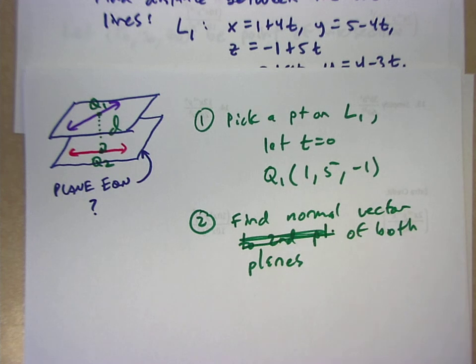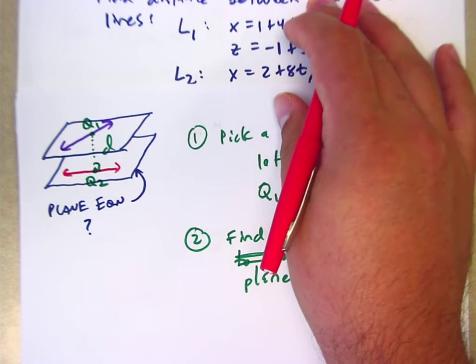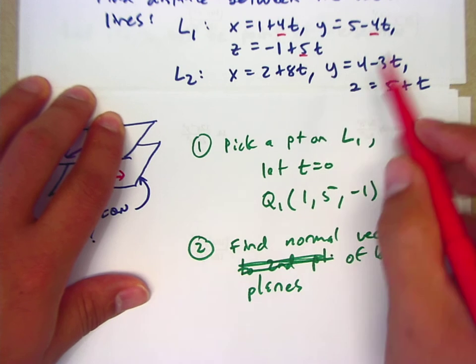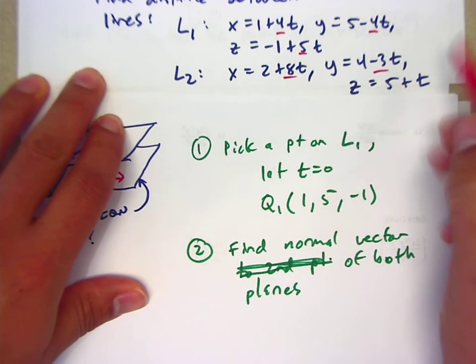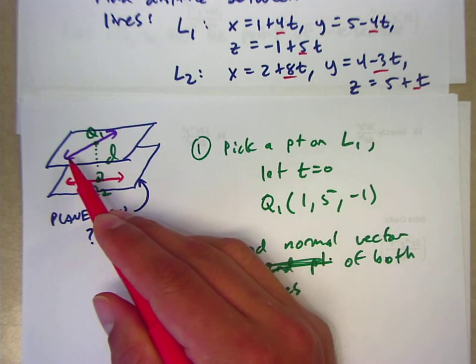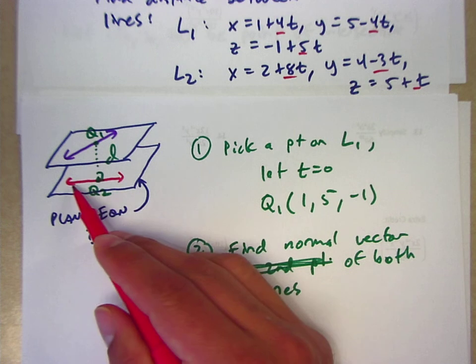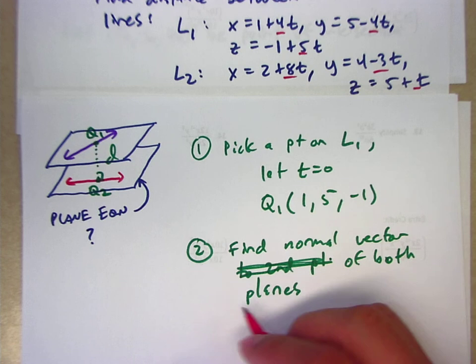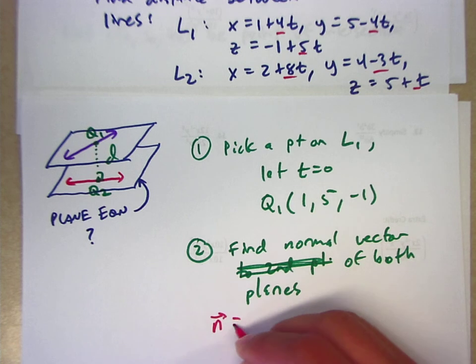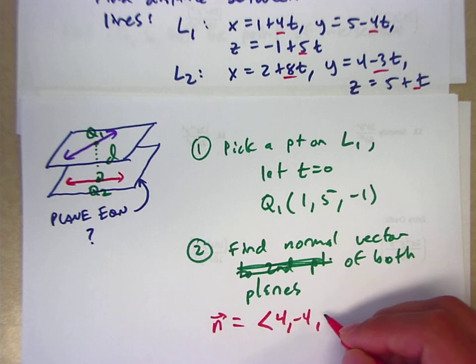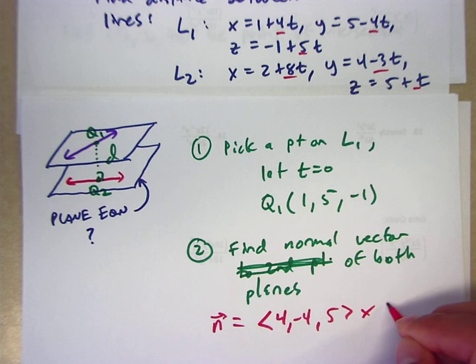Remember that for the lines, these coefficients, 4, -4, and 5, and then 8, -3, and 1, are the components of a vector on line 1 and a vector on line 2. So all we need to do is take the cross product of those two vectors: (4, -4, 5) crossed with (8, -3, 1).